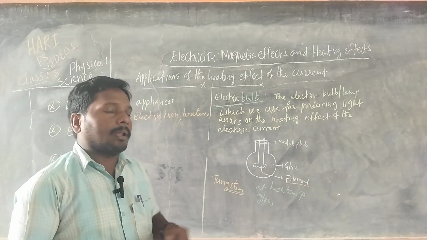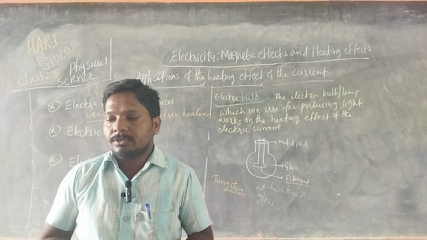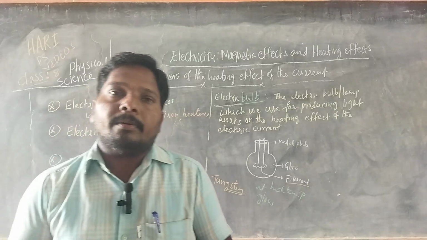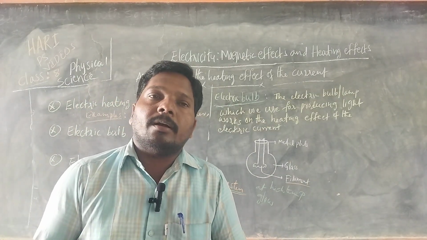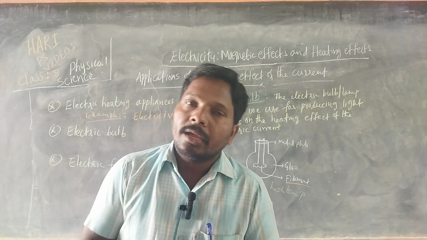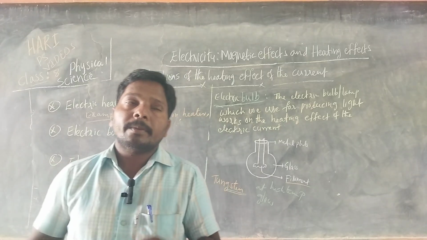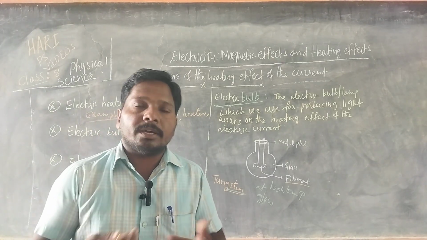Mostly nowadays we are not using this electric bulb. Instead of that, we are using other bulbs. In the case of the electric bulb, a huge amount of electrical energy is wasted in terms of heat energy. It gives us light, no problem, but heat energy is produced, and that heat energy we cannot use.